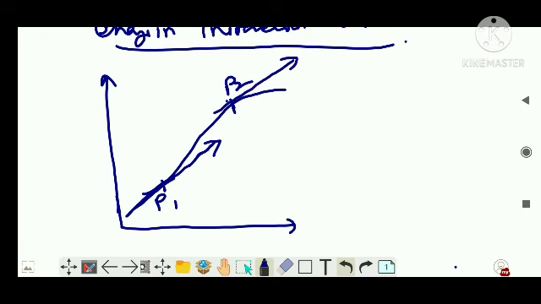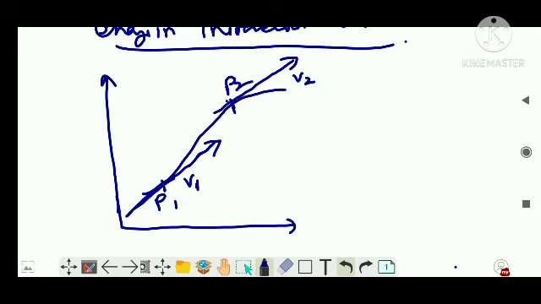So the tangent at P1 gives instantaneous velocity v1, and let's say instantaneous velocity v2 at P2, right? Clear? Now how will I know the direction of change in velocity? That is v2 minus v1. That's how you are supposed to find it, right? So head to tail method, or you can use tail to tail method.